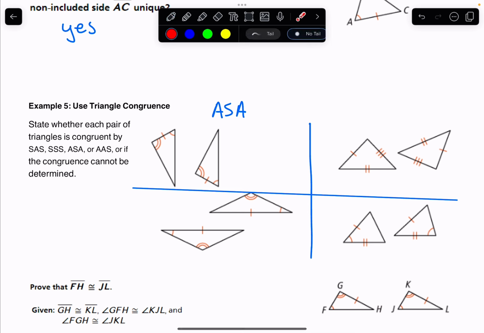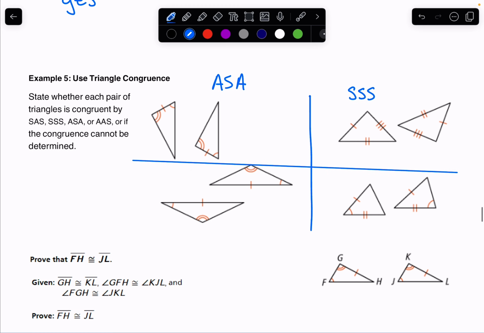In the next pair of triangles, I've got 3 pairs of congruent sides, which makes that side, side, side congruence. In the next pair, I have an angle with 2 arcs next to an angle with 1 arc, and the non-included side is congruent. And that one tells me that this is angle, angle, side congruence.